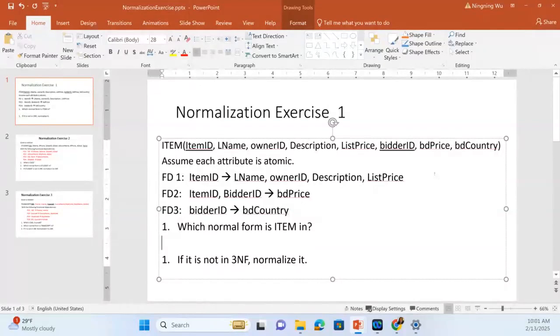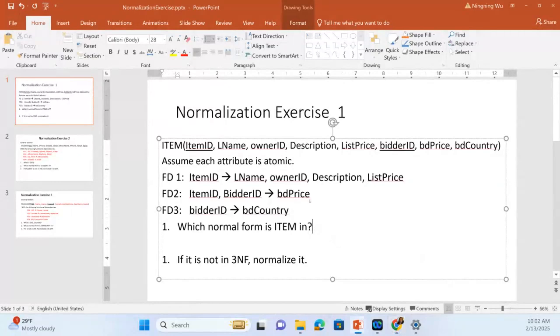Is this a partial, a full, or a transitive dependency? So what is partial? Partial means that a non-prime attribute is dependent only on the partial key, not the whole key.